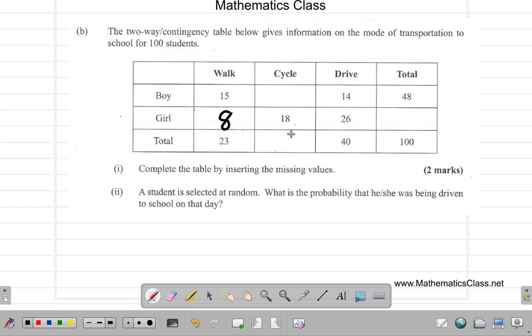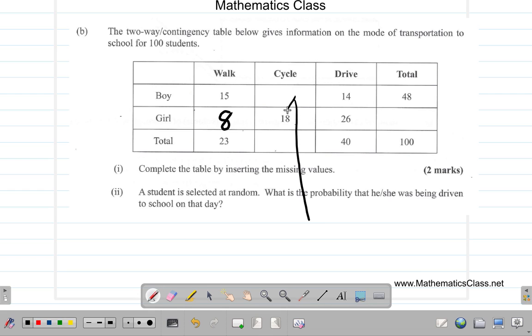Then you have to go across now. Of the boys, 15 walk, 14 drive, and the total is 48, so you want how many cycle.